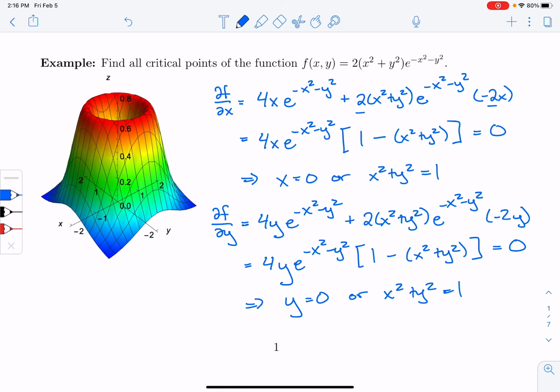So in this case, if x is 0, then by necessity, I will need y to be 0 so that both partial derivatives are 0. So my critical points, if x is 0, then y will have to be 0.